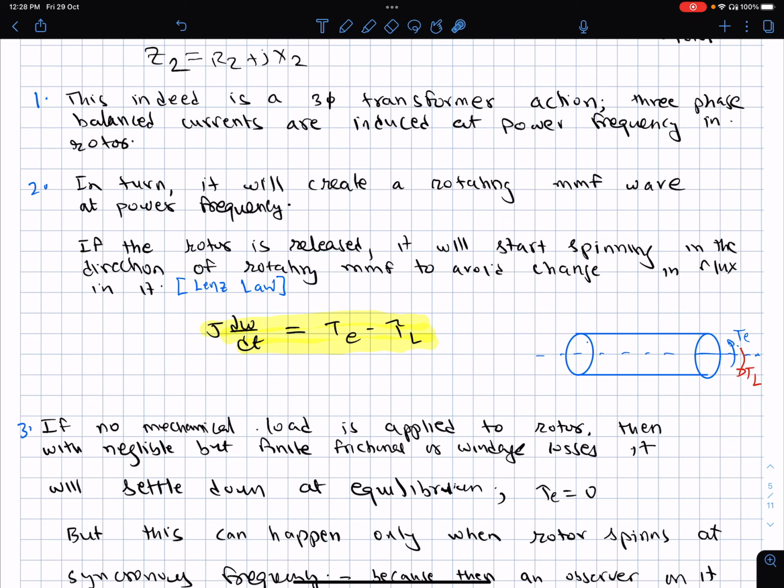No such thing will we ever be able to devise. So every machine will have some fixed capability. So long as TL is less than TE max, we should be in a position to take advantage of this equation and drive it.